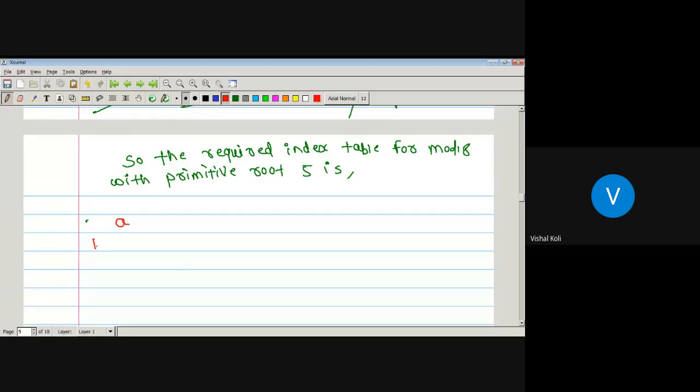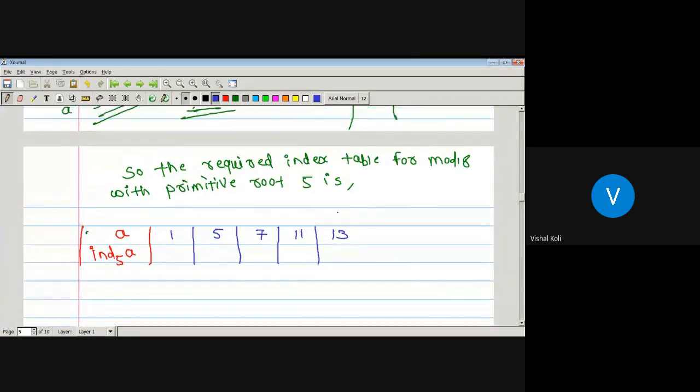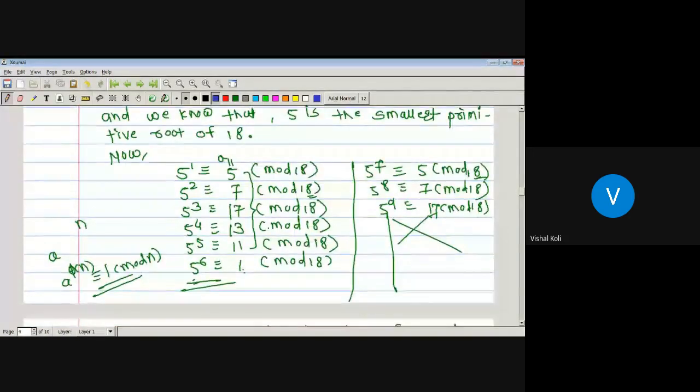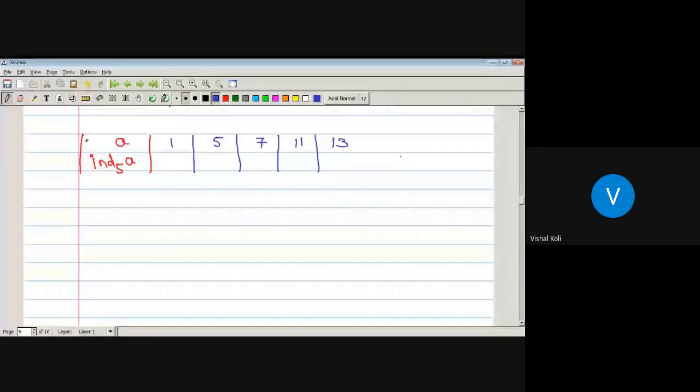Construct the table here. The first integer will be 1, second 5, 7, 11, 13 and 17. So these are the values of a, and from that we have to find out the values of their index.